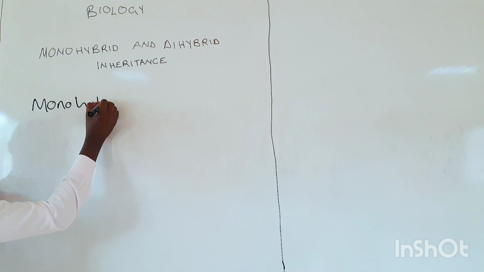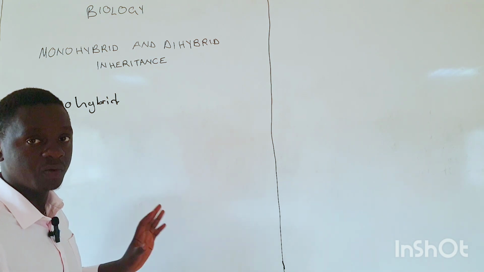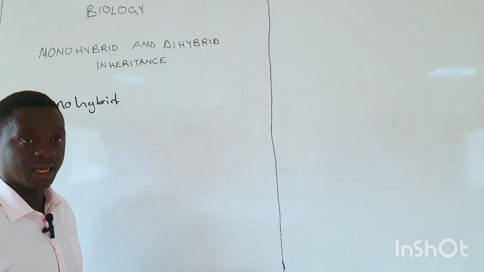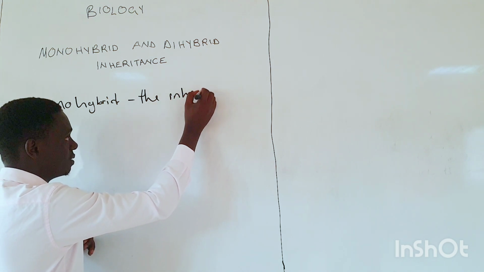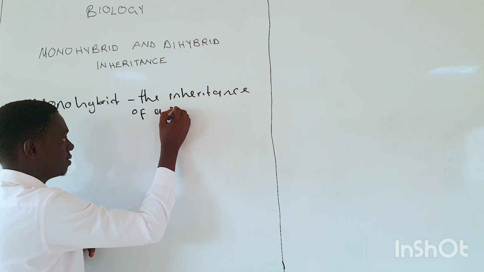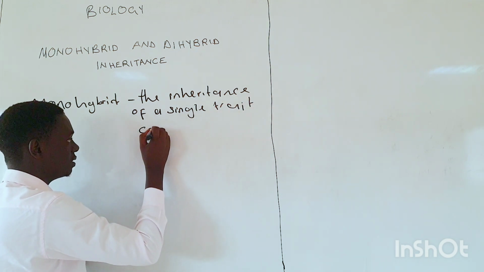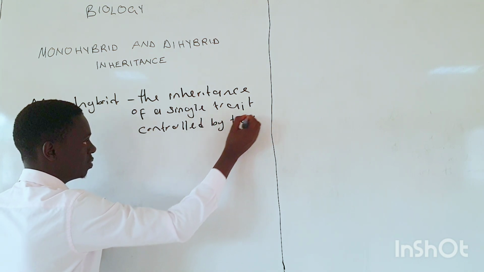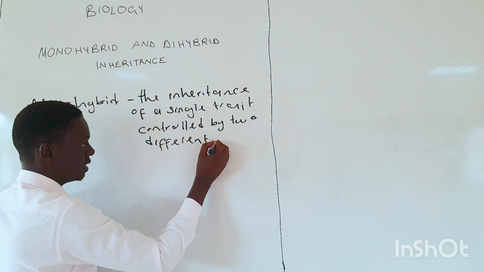It means the type of inheritance that involves inheritance of a single trait but controlled by two different alleles.